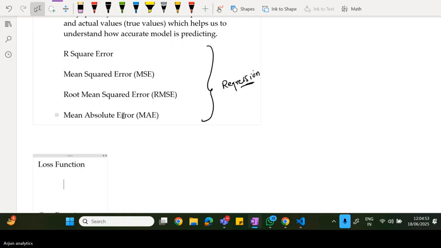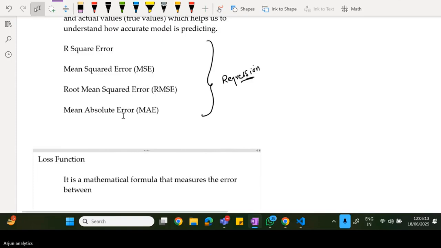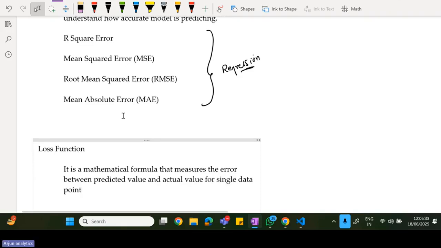Now, a loss function is a mathematical formula that measures the error between predicted value and actual value for a single data point.